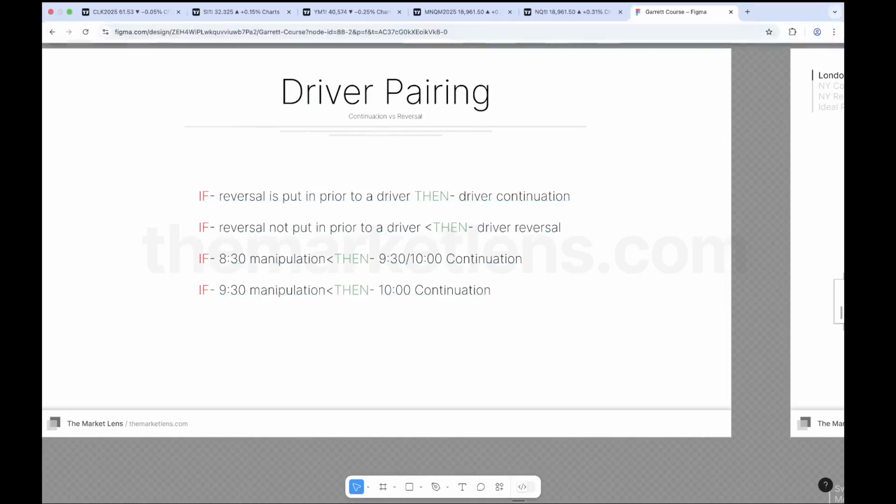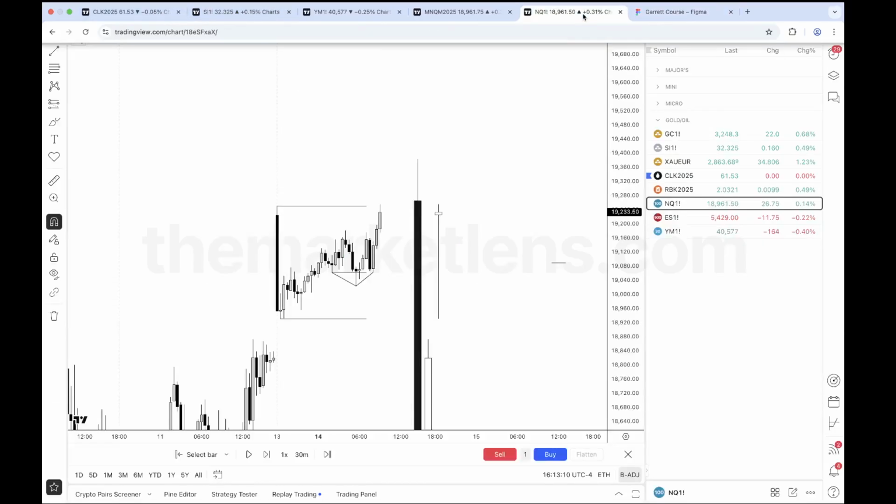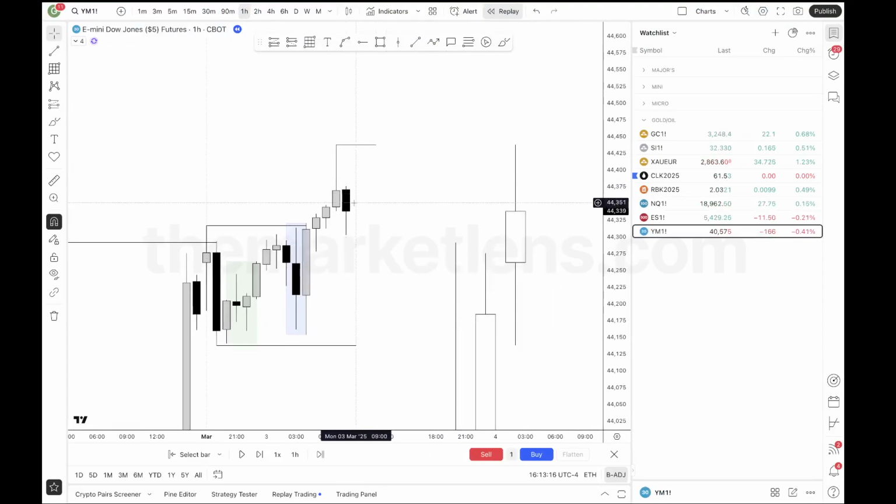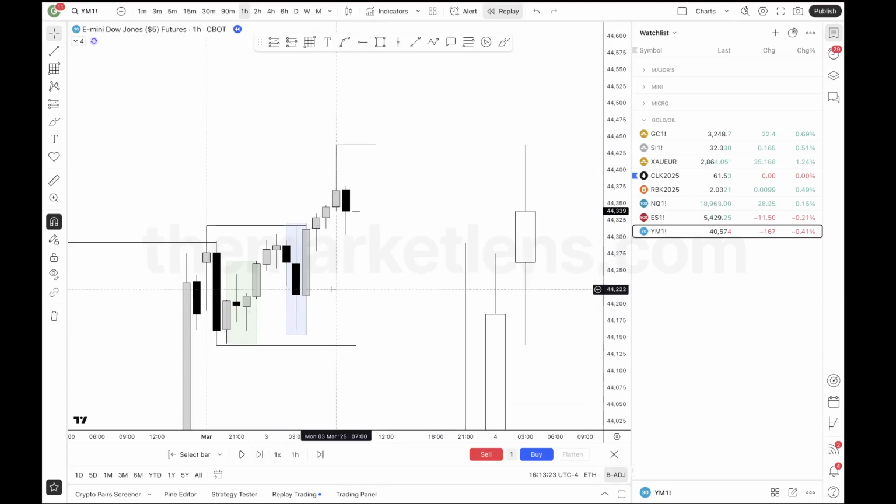This is one of the if-then scenarios we think about when approaching the daily profile or the daily range. So what we see here, there is no reversal prior to the driver, so the driver we want to see create the reversal. So where's the only place we could reverse from? It's this swing high. So that's what happens here, right?